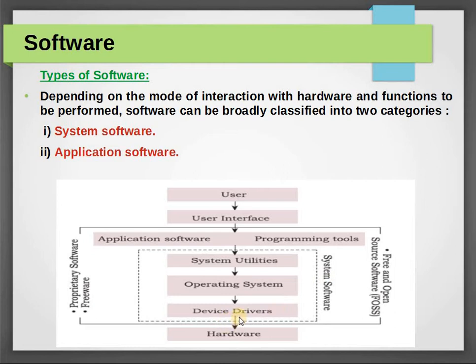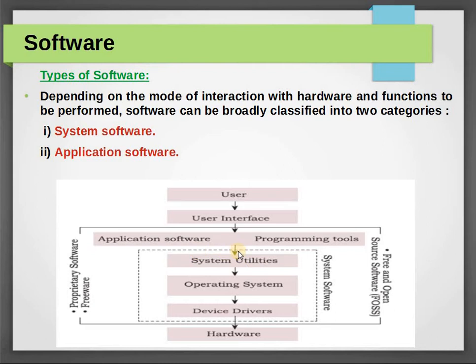It interacts with, controls and manages a particular device or hardware, and these device drivers are controlled by the operating system. The operating system can be Windows 7, Ubuntu and many more. And this operating system is maintained by system utilities software, and these three types of software make up the system software.